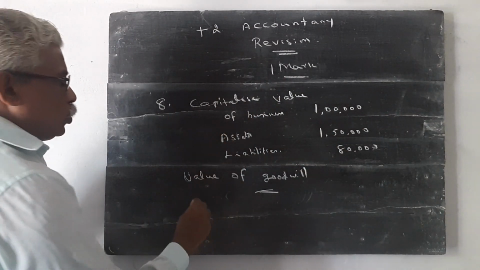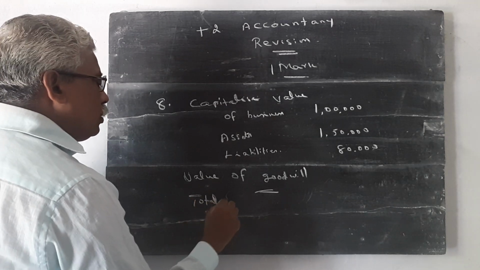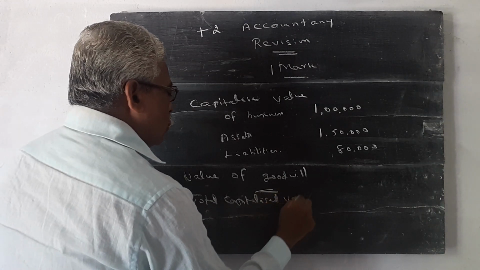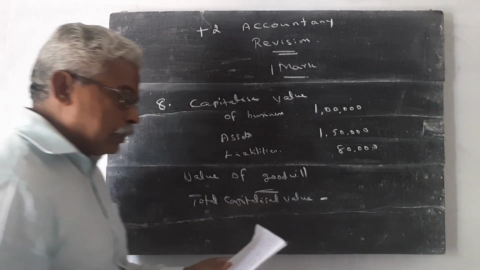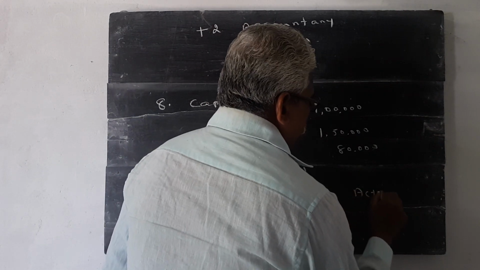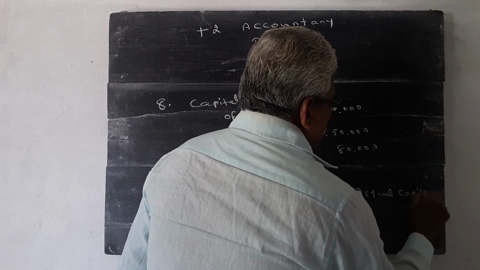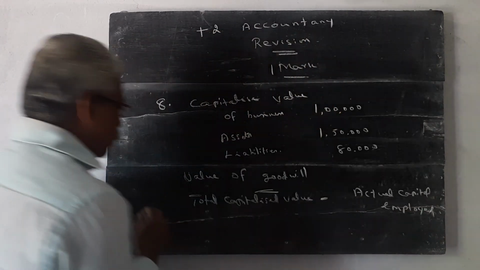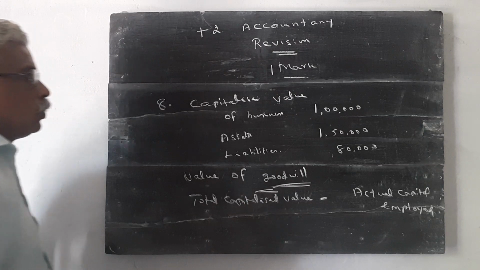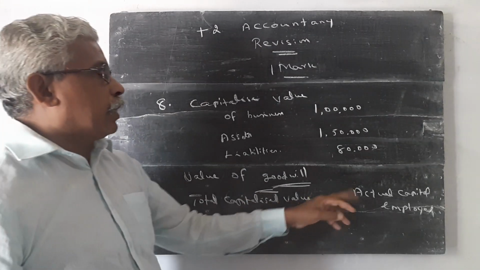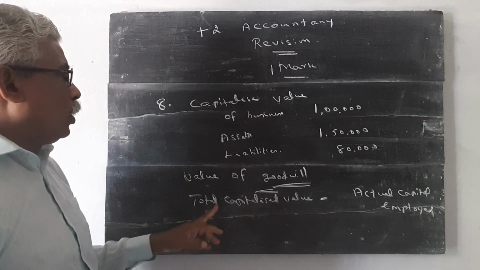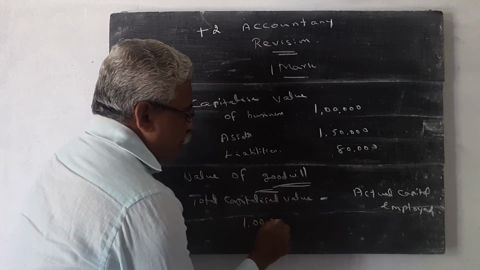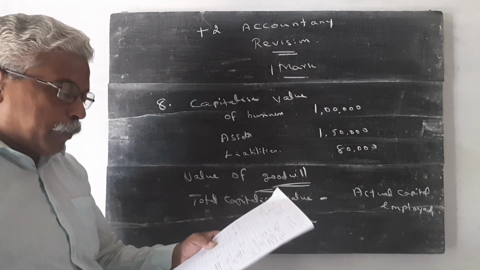How do you calculate this? Goodwill is equal to total capitalized value minus actual capital employed. Total capitalized value is given in the question, 1 lakh, minus actual capital employed.